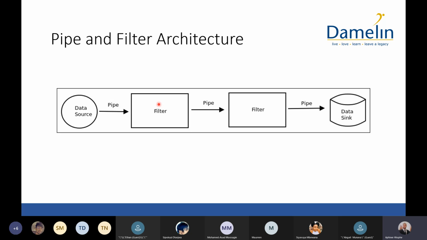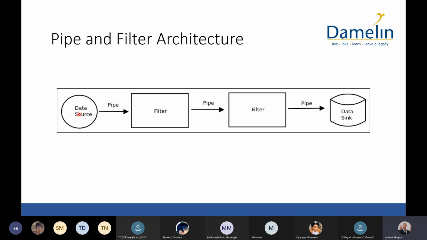And that's exactly what this pipe and filter architecture is demonstrating. We have a data source and the data is inputted, the component does some sort of processing, it produces an output. That output of the first component is then used as an input in the next component. And so the story continues. I use this example: picture yourself reading a book. There are different chapters, and as you go through the different chapters, they add on to the story.